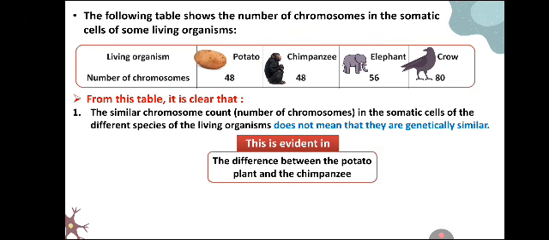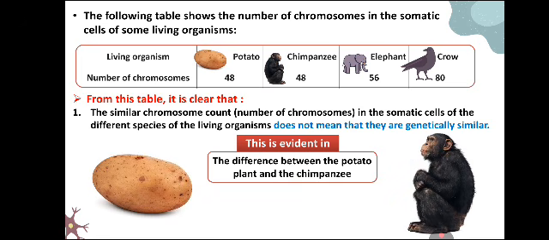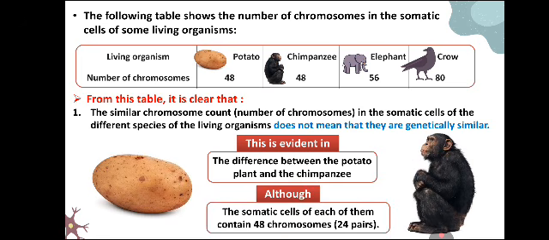The difference between the potato plant and the chimpanzee: potato is 48 and chimpanzee is 48. Does that mean they have the same genetic traits? No. If living organisms have similar chromosomes, it doesn't mean they are genetically similar. It doesn't indicate they are the same genetically. No, this is one thing and that is another, although they have the same number in the somatic cell.